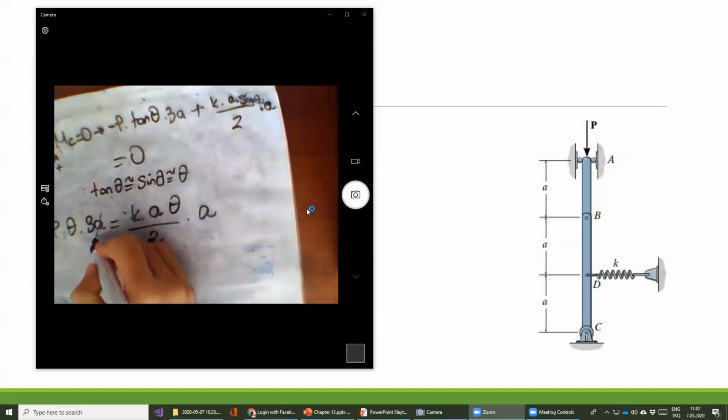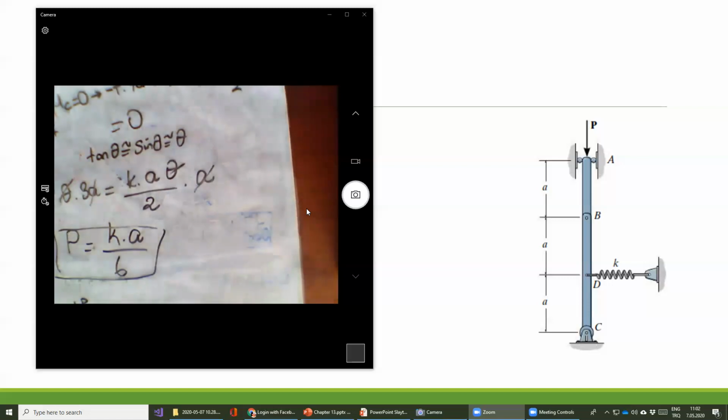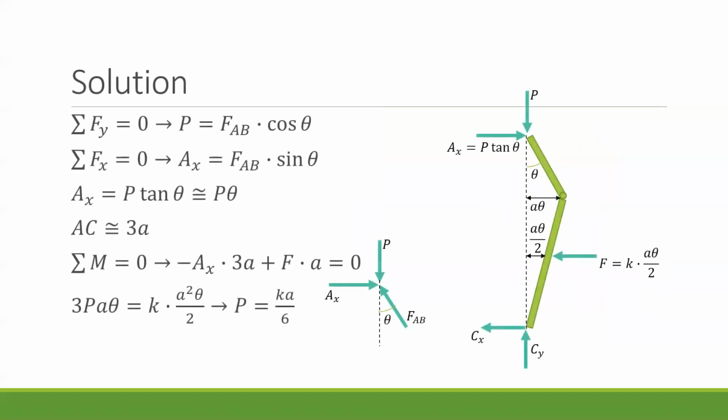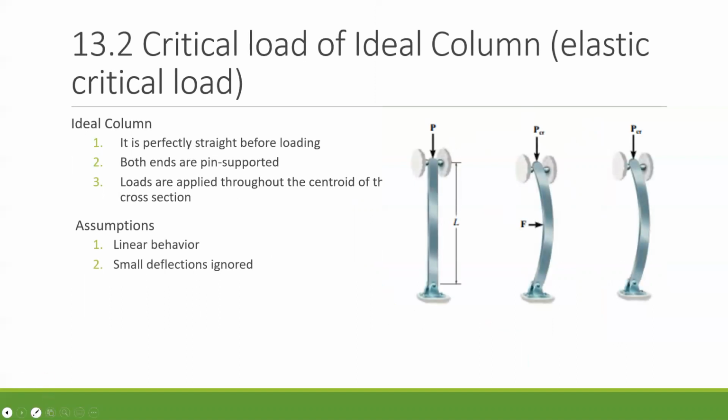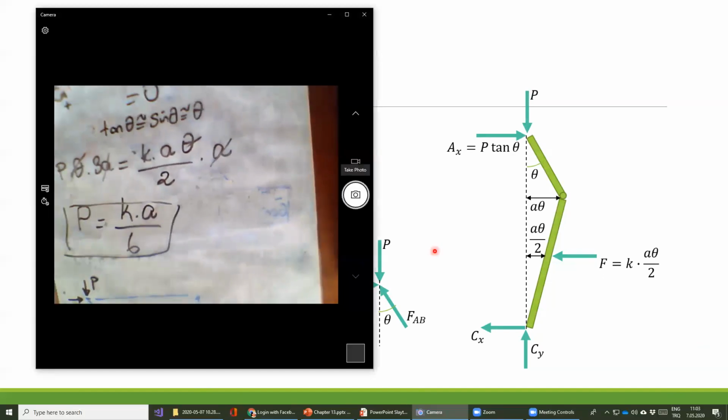You can see this a disappears, also theta disappears, and we see P is equal to K times a divided by 6, I guess. Let me check the result. Is it correct or not? Sorry, I need to go back. Yes, K times a divided by 6. Comparing with the result, yes, correct.